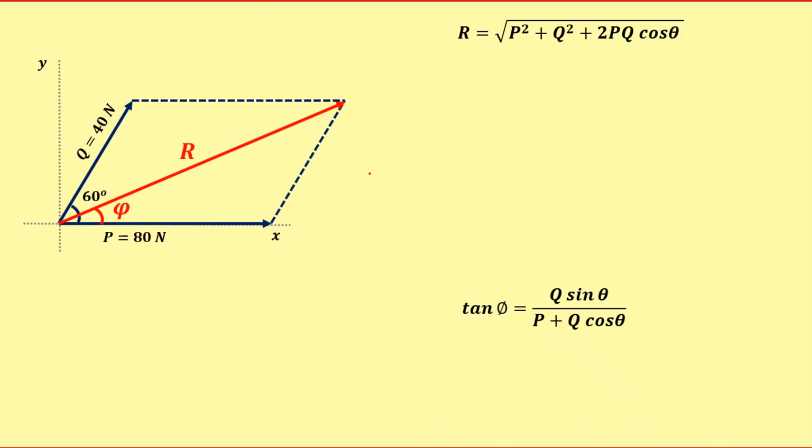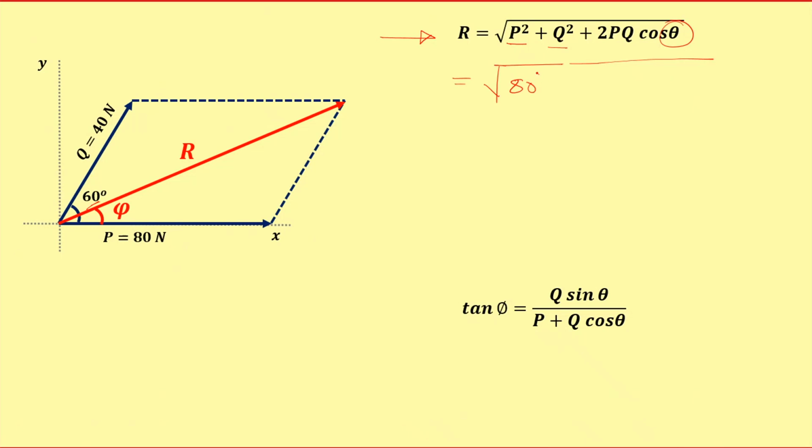The same problem we can solve analytically. Here we have the formula R is equal to under root P square plus Q square plus 2 PQ cos theta, in which theta is the angle between P and Q, meaning two consecutive vectors, which is 60 degrees in our problem. So put the values in this formula.